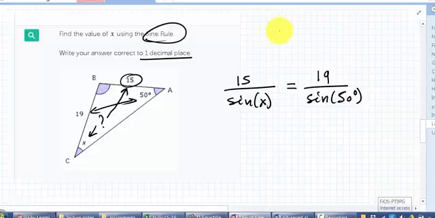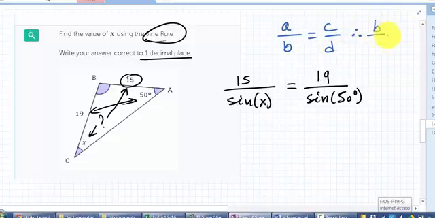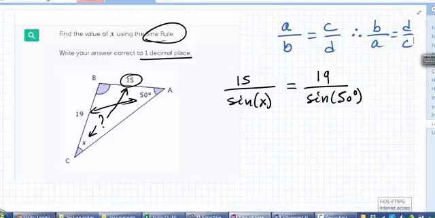Check it out. It's sometimes useful to remember this very simple property right here. If you have an equality of two fractions, if a over b is the same as c over d, then you can flip both sides: b over a equals d over c, okay? If two fractions are equal, then their reciprocals are equal, of course, right?